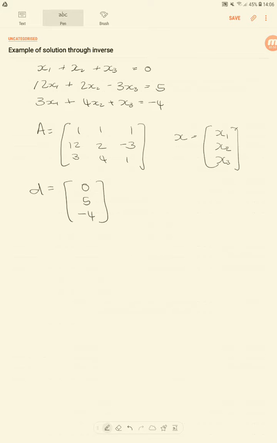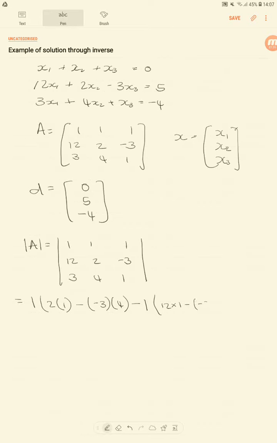In order to determine whether it will be possible to find a solution, we need to find the determinant of A. This is equal to 1 times 2 times 1 minus 3 times 4, minus 1 times 12 times 1 minus 3 times 3, plus 1 times 12 times 4 minus 3 times 2.